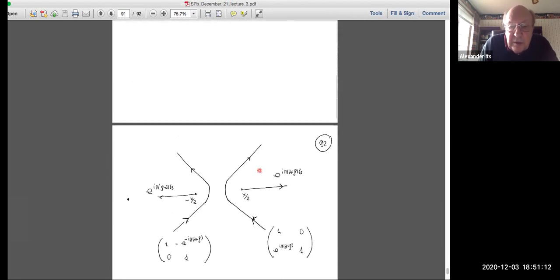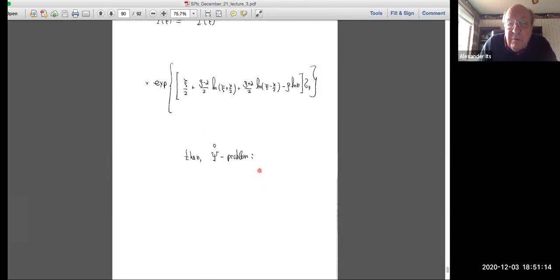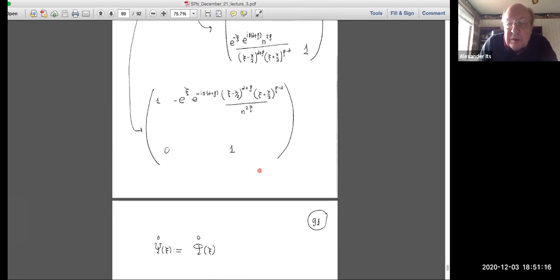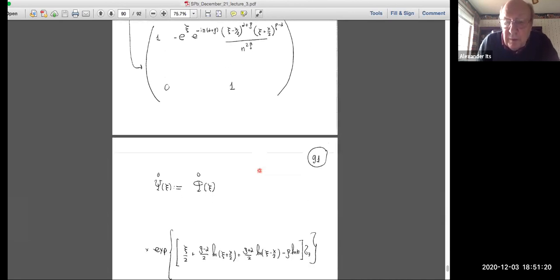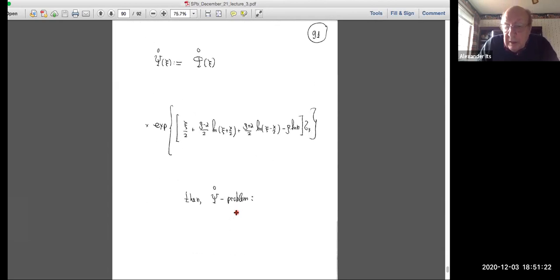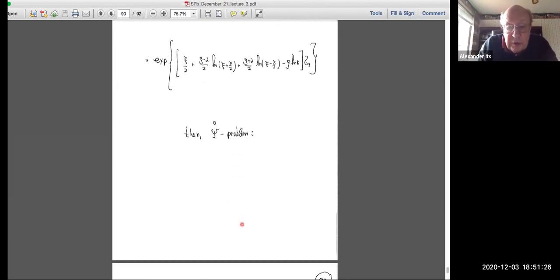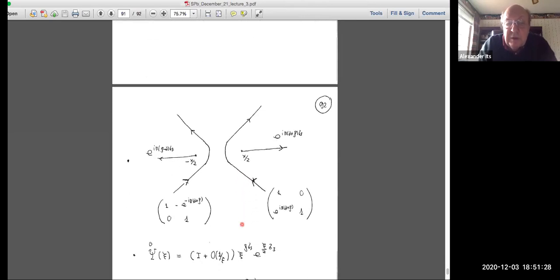So for psi naught, I get a problem. Again, I want to arrive at a problem with constant jump matrices. This is why I am doing this, because again, I want to arrive at something for which I can write a differential equation. And so this is what I get.